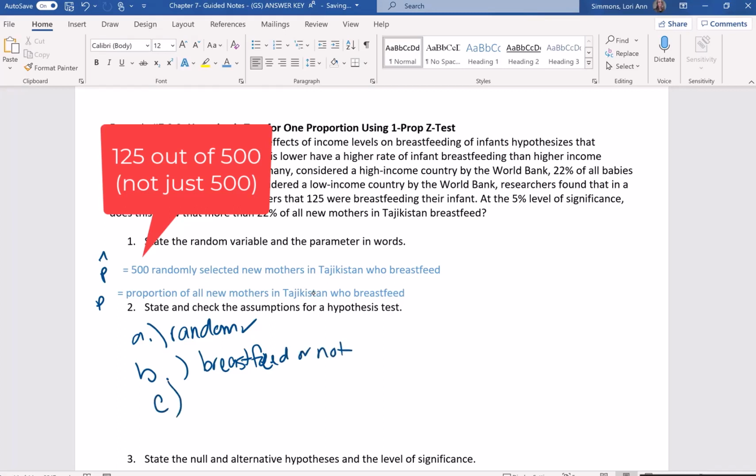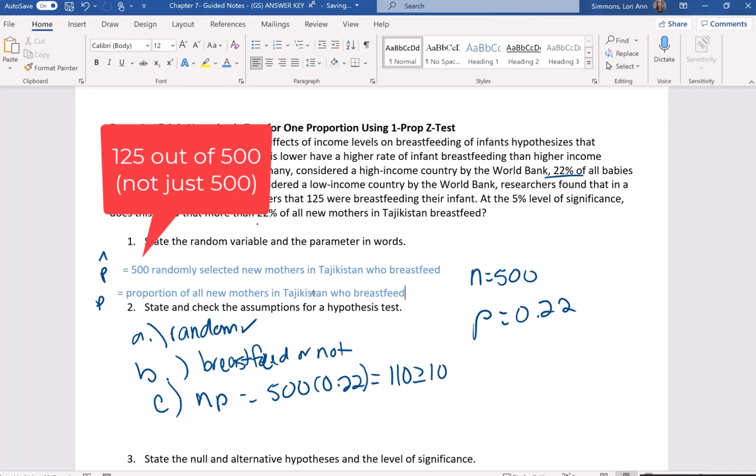C, was N times P. Your N is the sample of 500. P is 22%. So 500 times 22% is 110. That's greater than or equal to 10. And N times 1 minus P will equal 390.